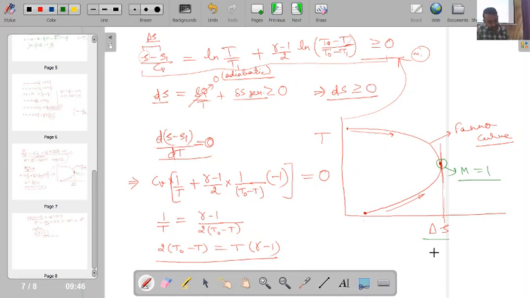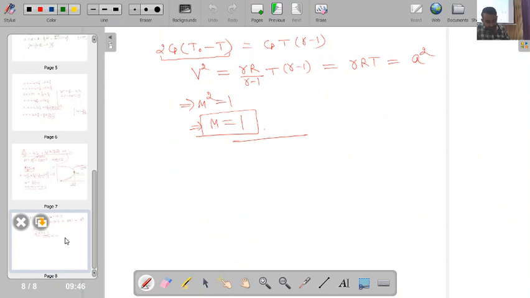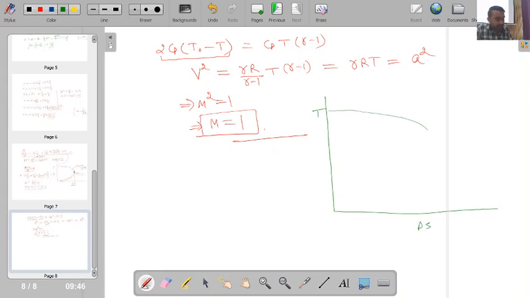Before that, let me explain one more important point. When I have this temperature and delta S diagram, and this is my curve, one interesting point for the Fanno line flow is that T naught is always constant.